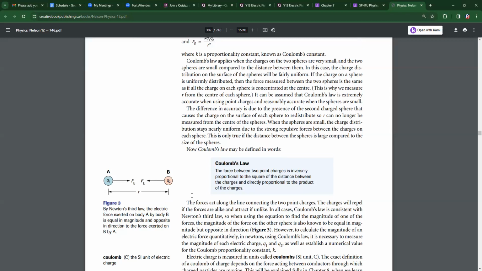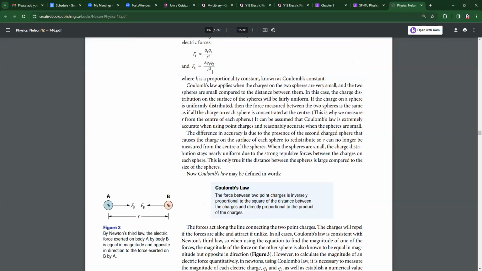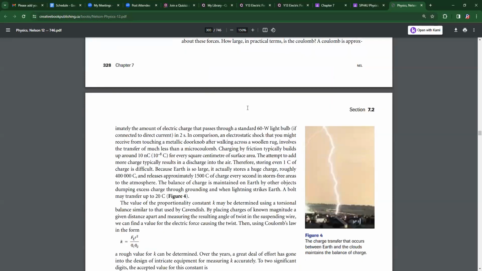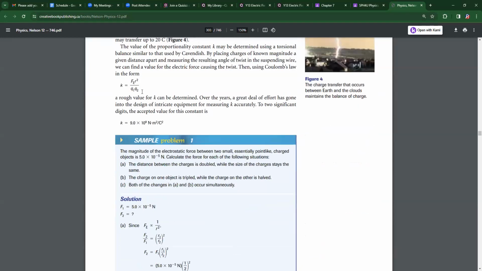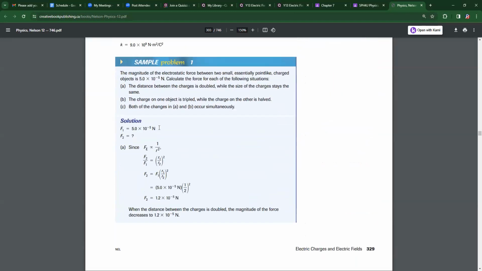So it's r squared in the denominator, the distance between two charges, and directly proportional to the product of the two charges, Q1, Q2, and k is the proportionality coefficient known as Coulomb's constant. This constant has the unit 9 multiplied by 10 to the power 9 newton meter squared per coulomb squared.